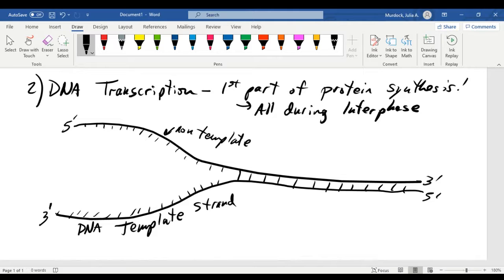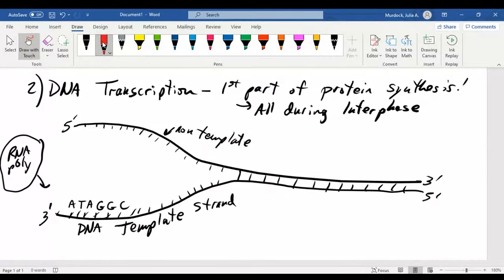Okay, so along comes that RNA polymerase, and let's just put a few bases down here to guide it. Let's say that we've got an A and a T and an A and a G and a G and a C or something like that, okay? So the RNA polymerase coming along here is looking for the right RNA nucleotides this time.